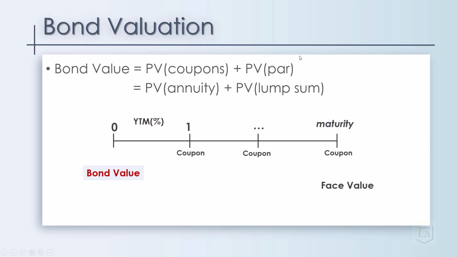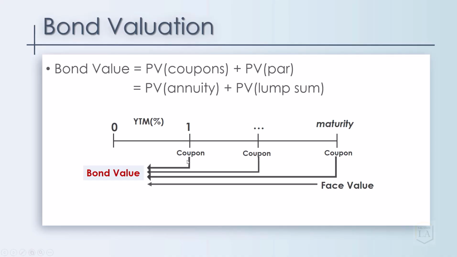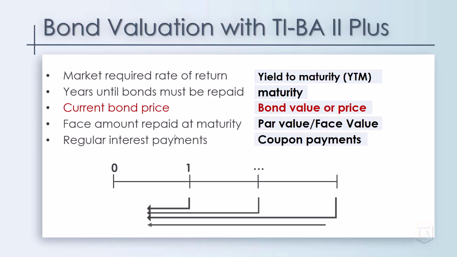So you are trying to figure out the present value of all the cash flow streams that you see throughout the maturity period. So how would we be able to figure out the bond values with our calculator, TI BA II Plus?